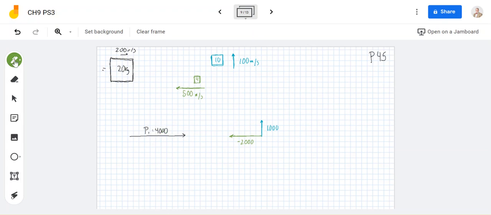It's got to be 4,000, correct? So I'm going to draw it over here. Which means that the third piece momentum has to be this long and this wide.